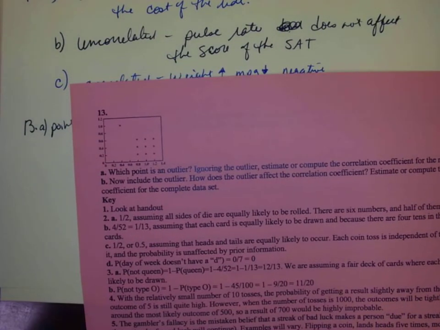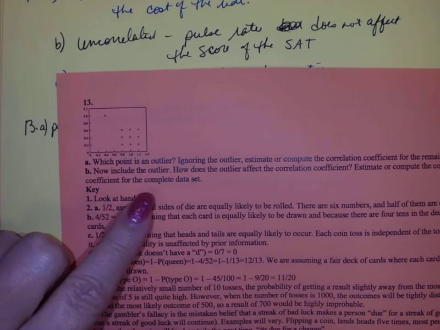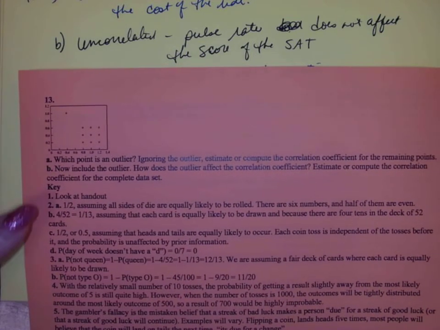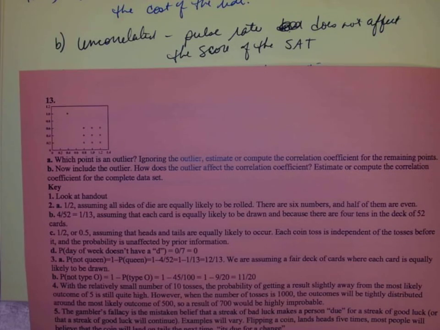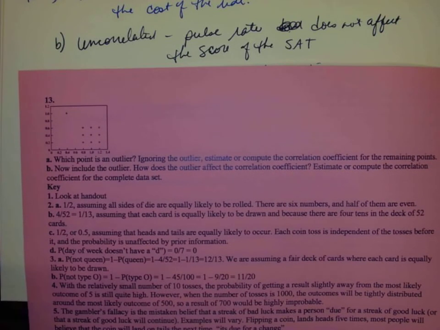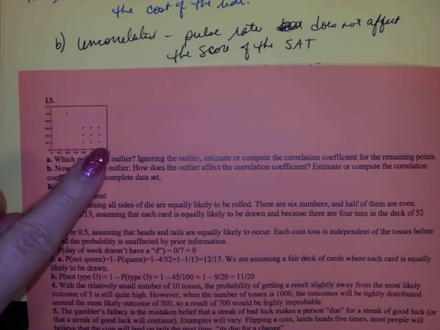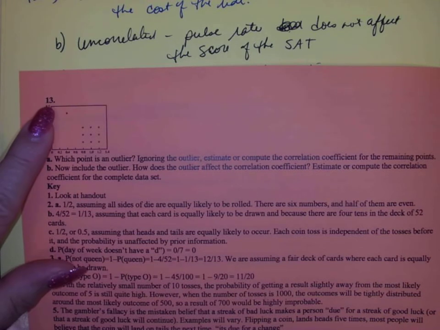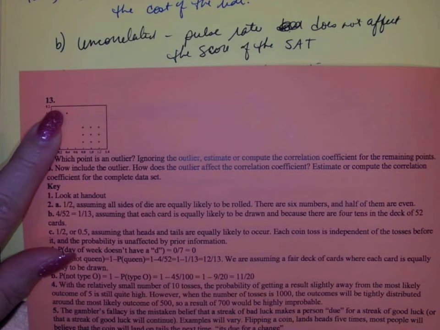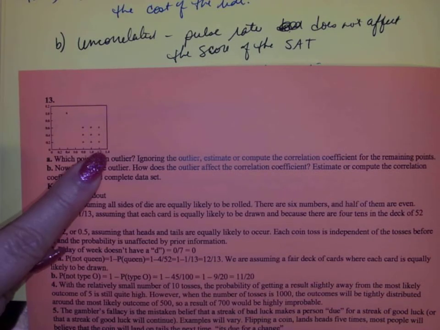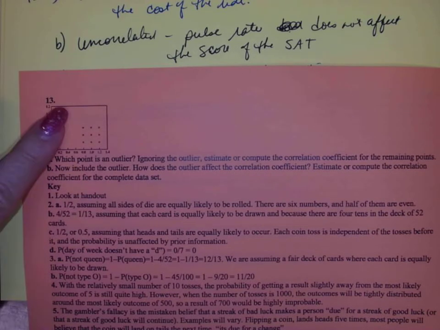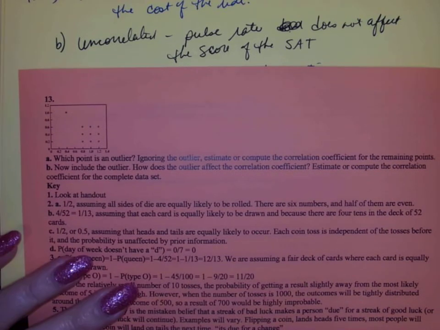Now, if we include the outlier, how does the outlier affect the correlation coefficient? So we could compute it if we wanted to pull all the points out, but I'm not going to do that. If we include that outlier, then there's a negative correlation. It's going down, and it would be linear with that. It's not going to be a very strong one.